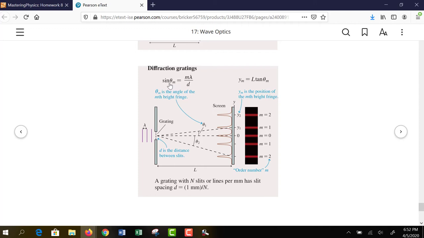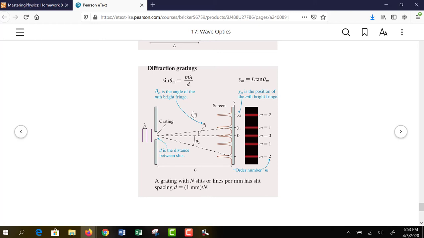The physics part of this comes from this formula, that the sine of theta is m, and m just designates which one we're talking about, times the wavelength, divided by the spacing per slit. So, for example, if you have 1 millimeter and you've got a certain amount of slits, you'd have to figure out the spacing per slit, as it says down here, actually. A grating with N slits, sometimes called lines, sometimes called slits, has a spacing of 1 millimeter per the amount of slits.